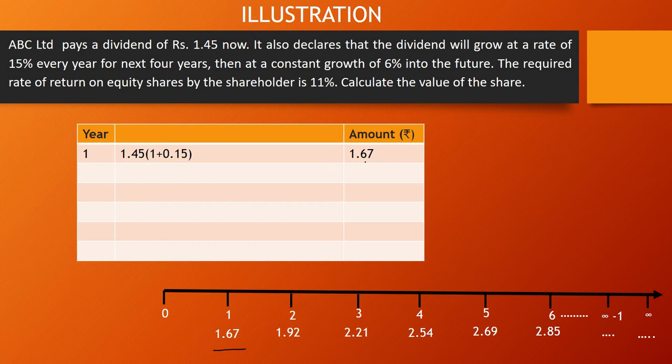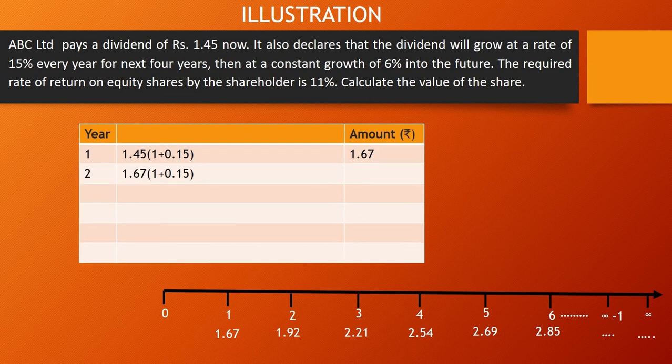So 1.67 multiplied by (1 plus 0.15) gives 1.92. In the third year also your dividend growth rate is 15%, so the amount is 2.21. In the fourth year the dividend is 2.21 times (1 plus 0.15), so your amount is 2.54.